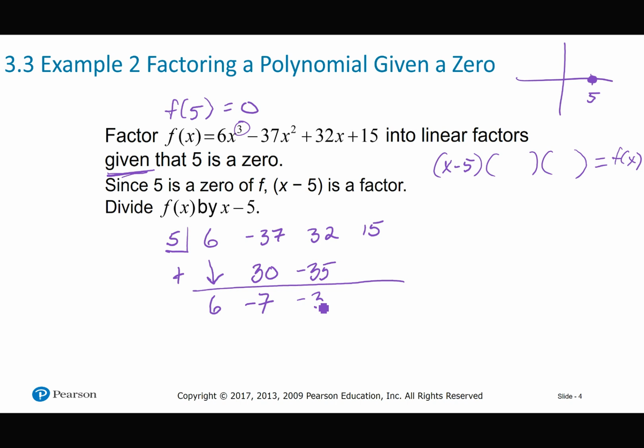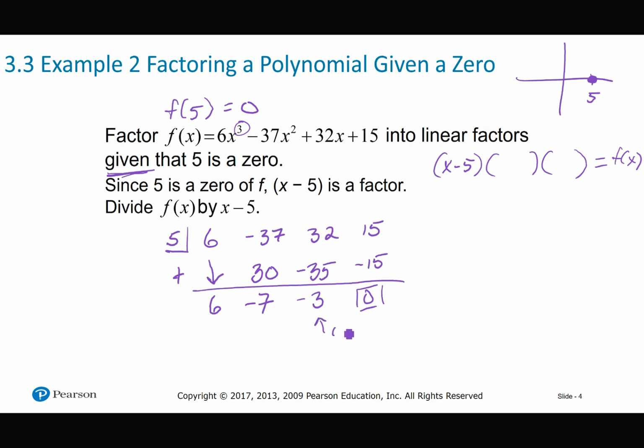So that becomes negative 3. Negative 15 gets 0, which confirms this is a step along the way. I'm getting 0 for a remainder, so yes, x minus 5 is a factor. They already told me that, but I just confirmed it. But this other 6, negative 7, negative 3 is important.